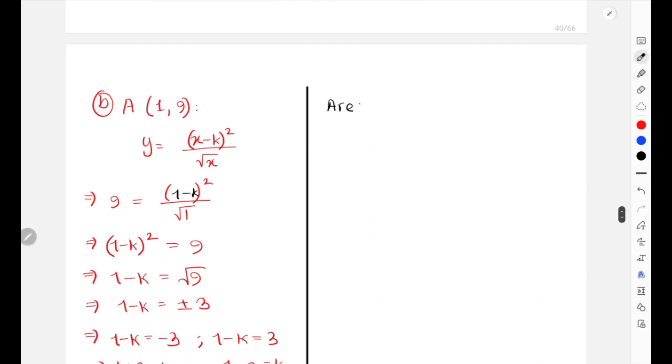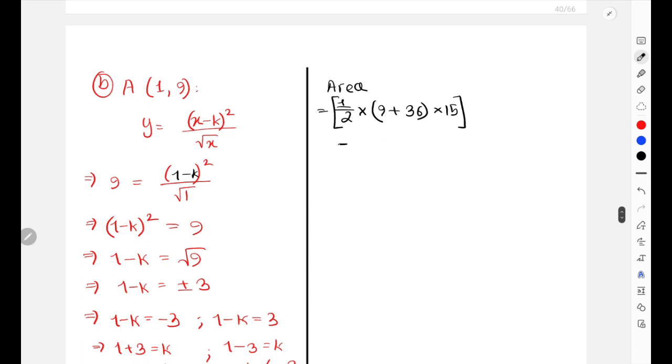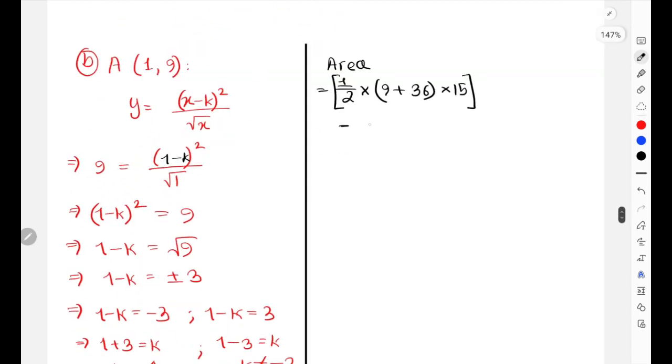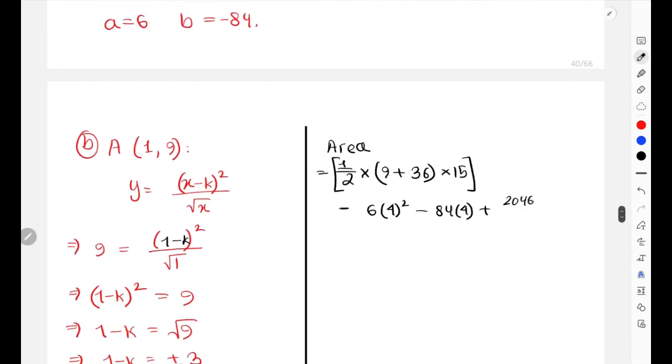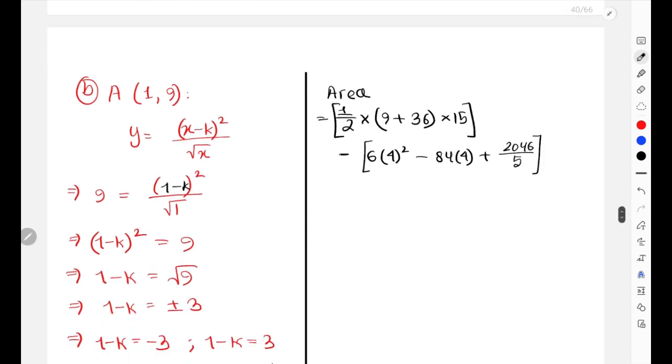So for the area, this is how we'll start: half, the parallel sides were 9 and 36, multiplied by height 15, and after that you have the area under the graph as 6k squared, so 6 times 4 squared, plus, I think, minus 84 times 4, and then 20 times 4 to the power 5. If you calculate all these things, the final area of the shaded region turns out to be 1683 by 10, and this is your final area.